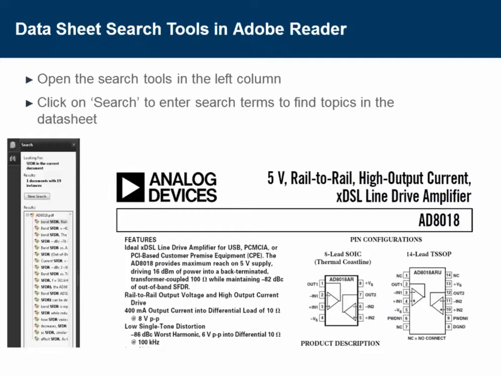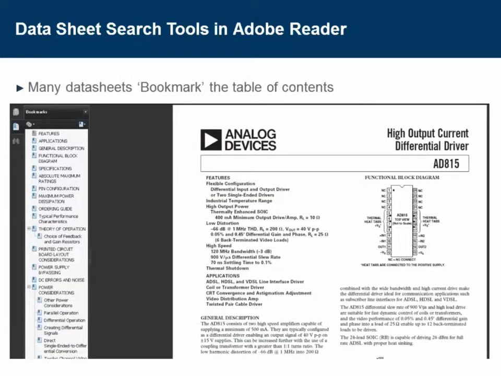But in order to find information in the data sheet, unlike the paper data sheet, if you bring these up in Adobe Reader, you've got search functions available that can help you find technical terms or aspects of performance that are of interest to you. And that makes it an awful lot easier. You can bookmark.